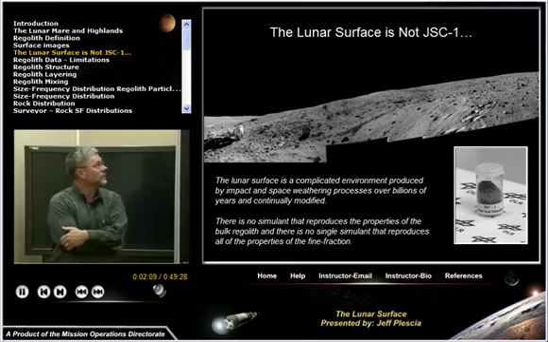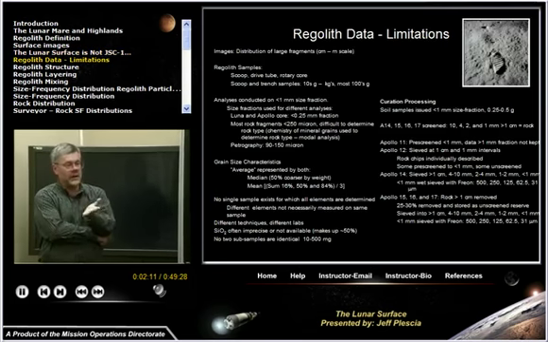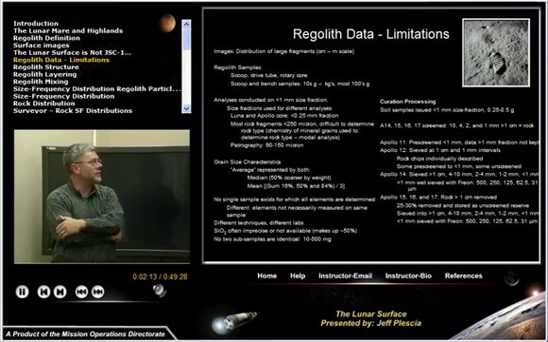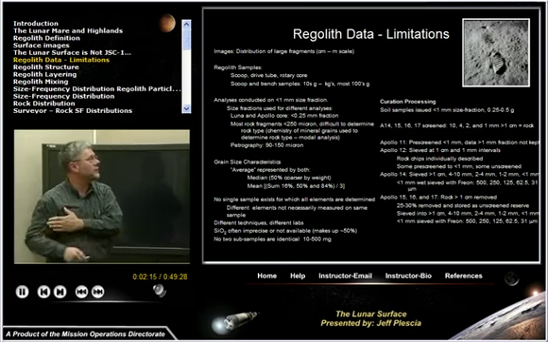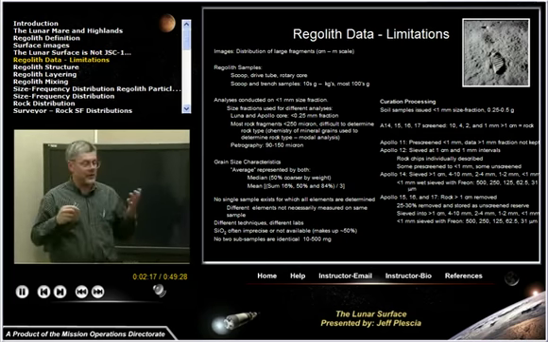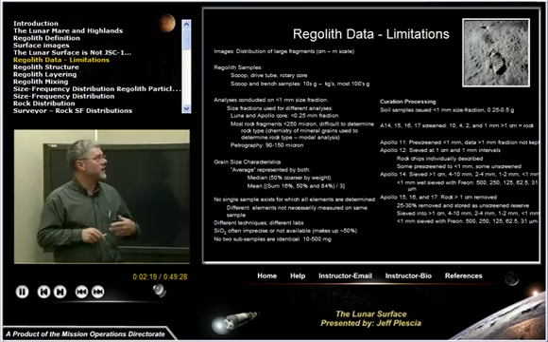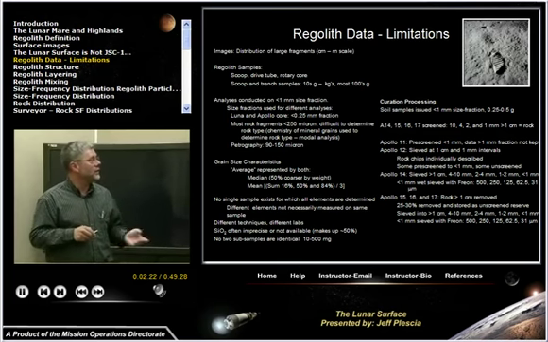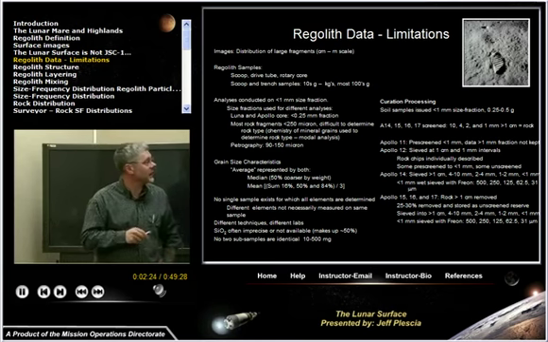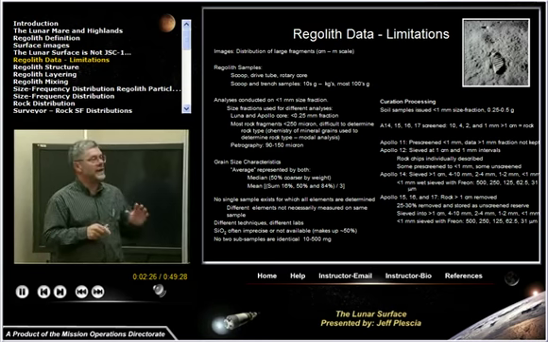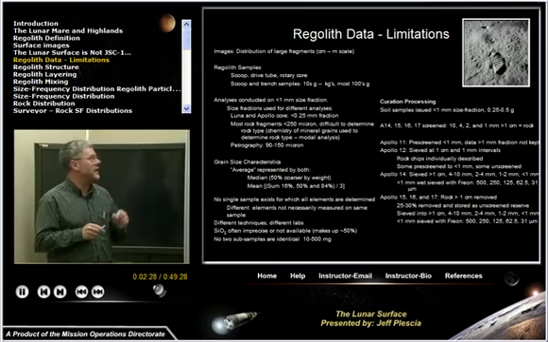Next slide. When you look at a lot of the data that's been published on the lunar regolith, it's important to bear in mind a couple of things. One is that we actually have a number of different kinds of samples, from scoop samples and drive tubes, and the rotary coring that was done on a couple of the missions. But all the analyses were done on a specific size fraction.